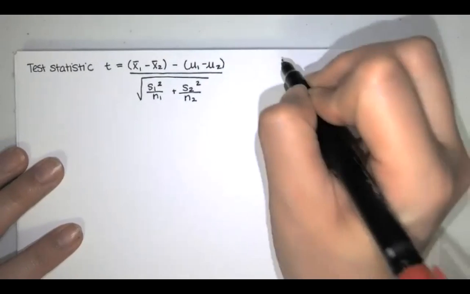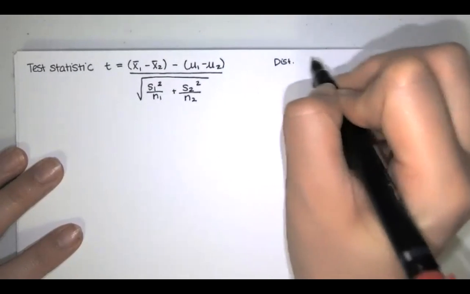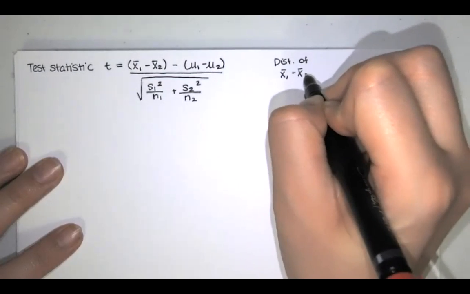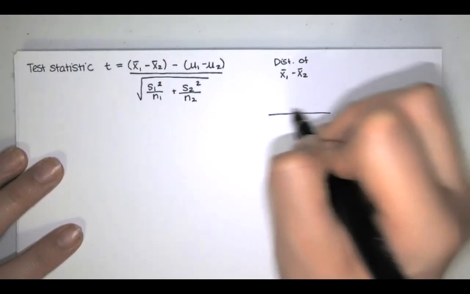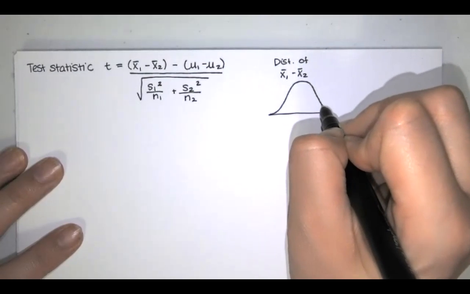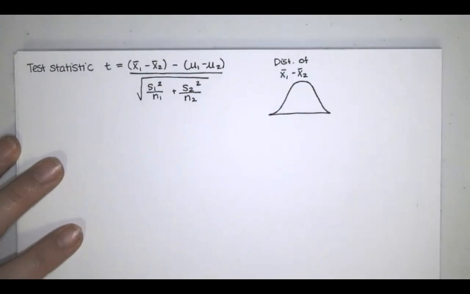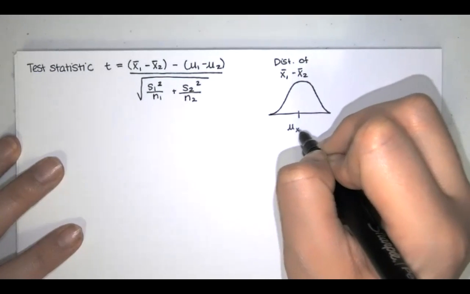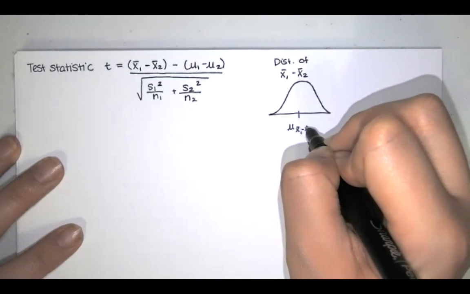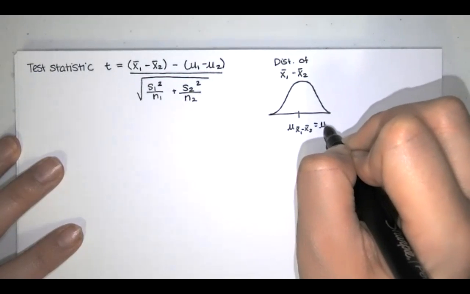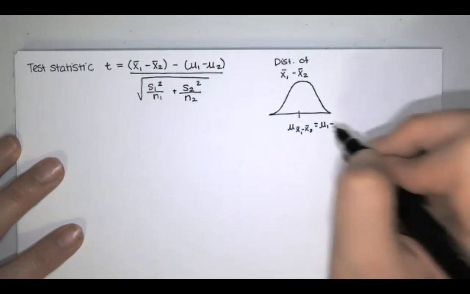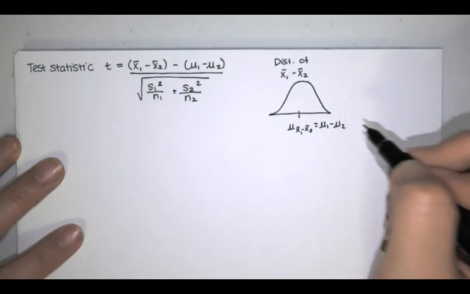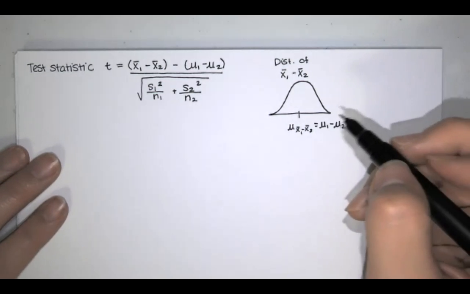So we're imagining taking the distribution of these sample means, the difference between these sample means, x sub 1 bar minus x sub 2 bar, which has that bell shape that's similar to our normal distribution and has a mean which is equal to the true population mean for that first population minus the true population mean for the second population.